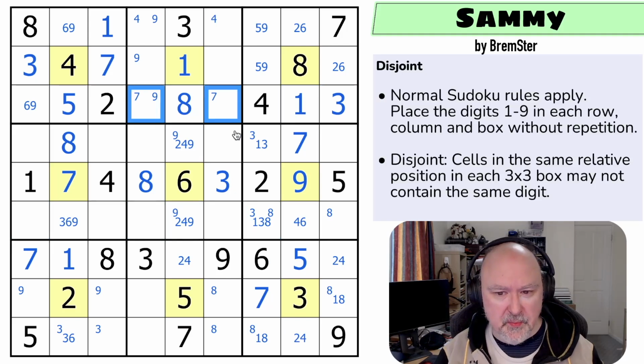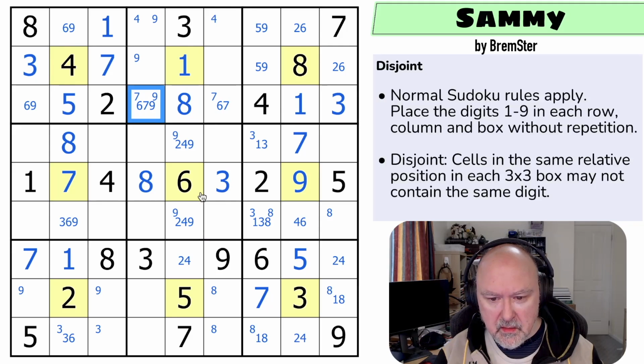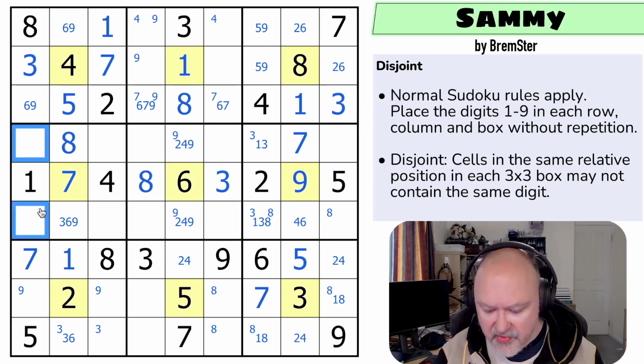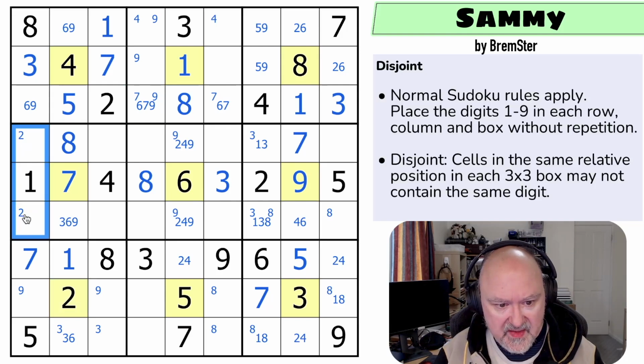Well, let's look at this triple. This is 6, 7, and 9, and there's no 9 there. That, interesting. Two is in one of those two by Sudoku, and that's been there since the very beginning, and I wonder if I could have used that to some effect.